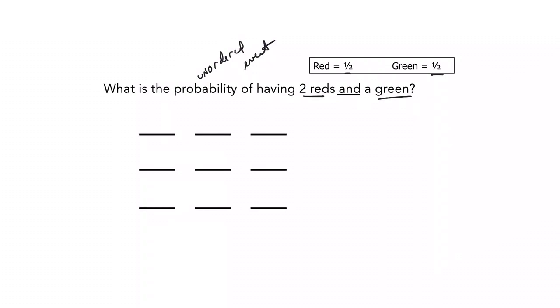We've just got to satisfy the condition of 2 reds and a green. So we could have a red first, and then a red, and then a green. Or a red first, and then a green, and then a red. Or we could have a green first, and then a red, and a red. These are 3 mutually exclusive scenarios, 1, 2, and 3. Each of these has its own probability attached to it.